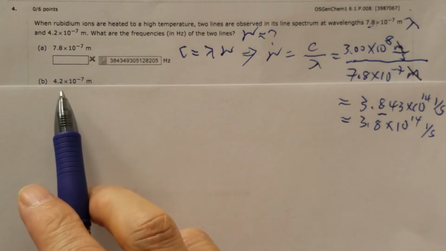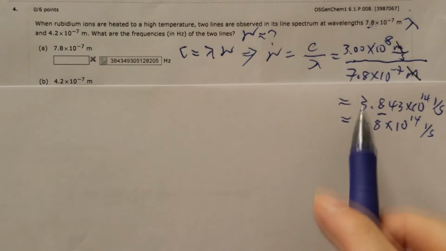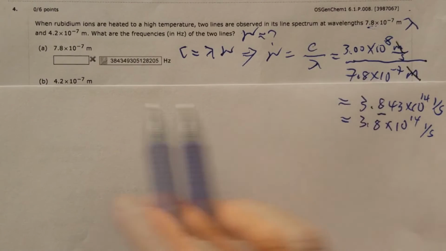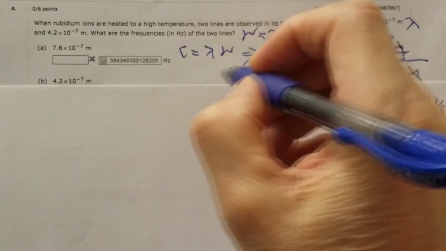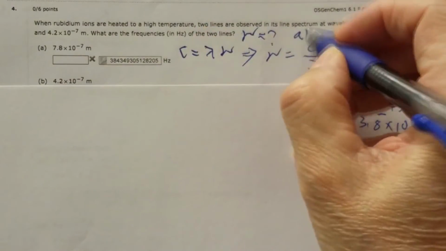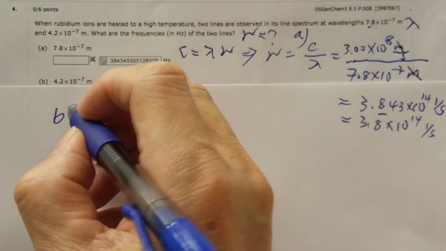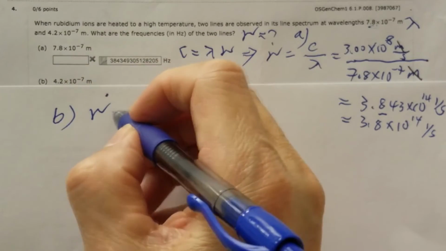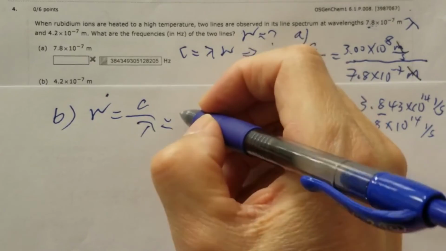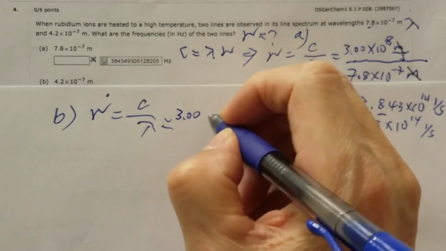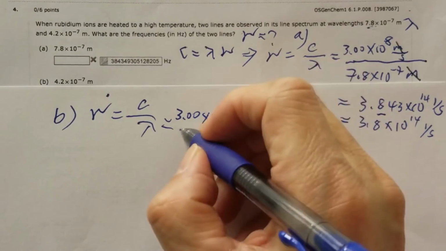Okay, and now B, you just do the same thing. So just instead of using this wavelength, you just use this wavelength. All right, so let's do that. That's the first one. This one is A, and now let's work on B. Put that right here. Nu equals C over lambda, meter over a second.